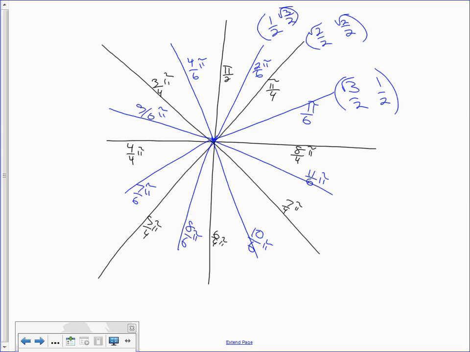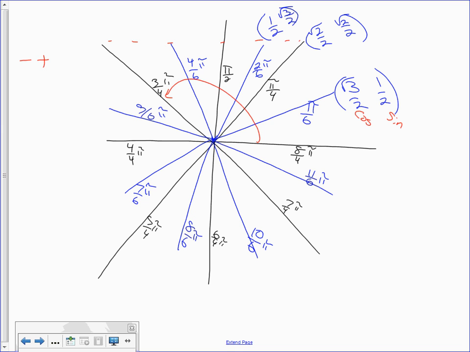Now, what will happen on that non-calculator part then, it's going to ask you, well, what is the sine of 3 pi over 4? Well, I figure out where 3 pi over 4 is, and I'm looking for the sine. When you're looking at your ordered pairs, that's when it goes cosine and sine. So at 3 pi over 4, well, it mirrors that one.